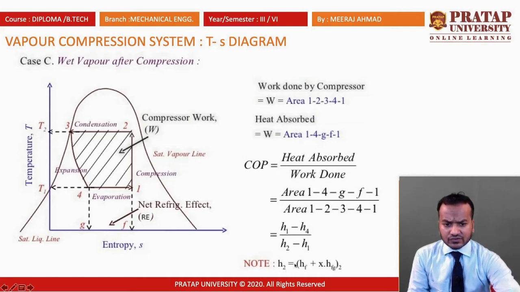Like that: H2 is equal to HF plus the dryness fraction of the refrigerant X into HFG. You got the values, put these values in the formula of the COP, and you got the value of COP.